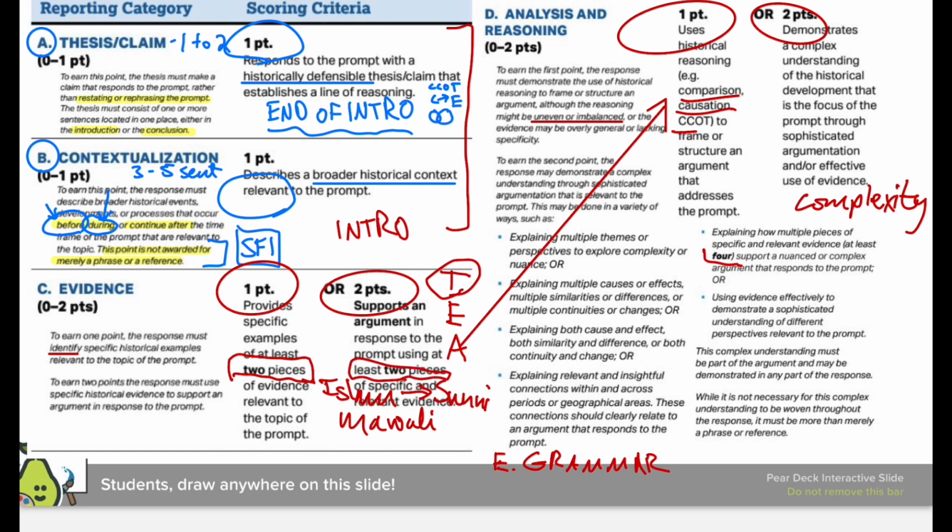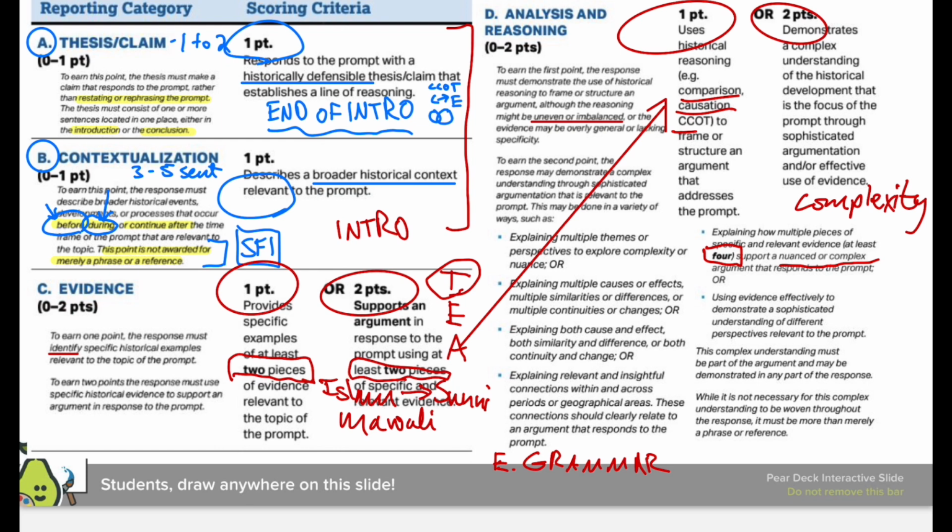You would need to have at least four, and you'd have to use them to support your nuanced or complex argument. So not just name dropping more facts like the names of the 4 rightly guided caliphs or talking about the Delhi Sultanate, but instead actually using it to back up your essay and back up your claim.